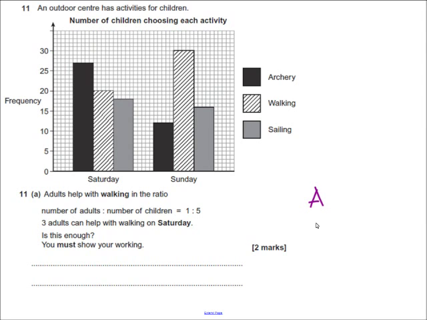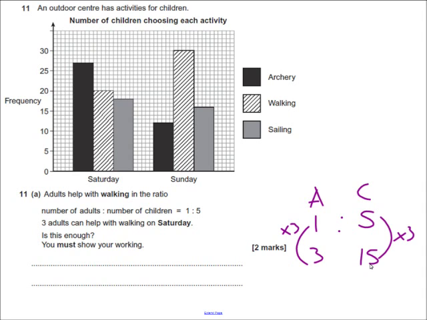So we have, for every adult, they can take 5 children. It tells us that 3 adults can help with the walk on Saturday. So if we multiply the adults by 3, we have to do the same for the children. So the maximum number of children 3 adults can look after is 15 children.